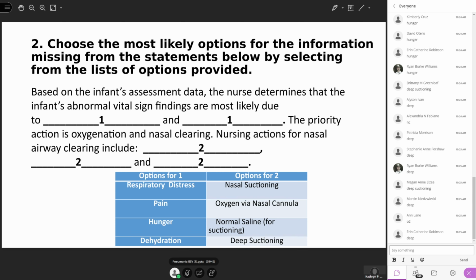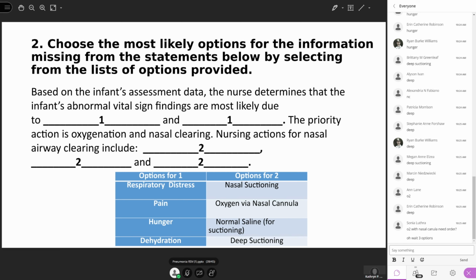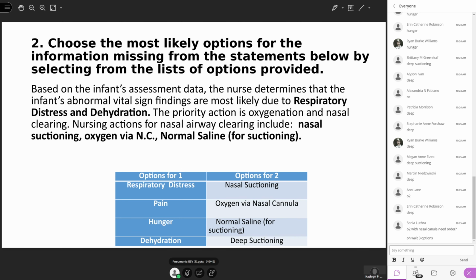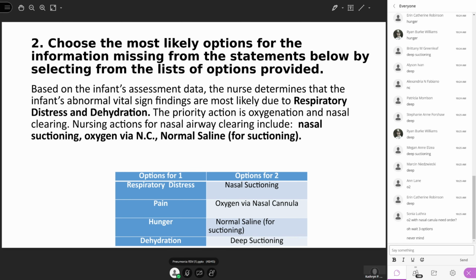So we would omit the deep suctioning. We're going to do the nasal suctioning like we talked about. We're going to do oxygen via nasal cannula, and we're going to do normal saline for suctioning if needed. Again, we should have a provider's order for that. And here I put the answers in.